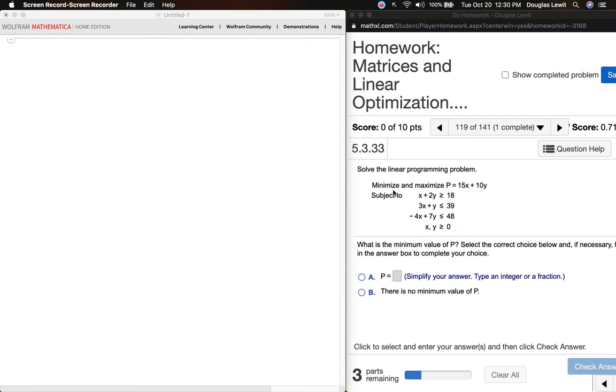We're told that we have to minimize and maximize this function. This is called the objective function, P is equal to 15x plus 10y.